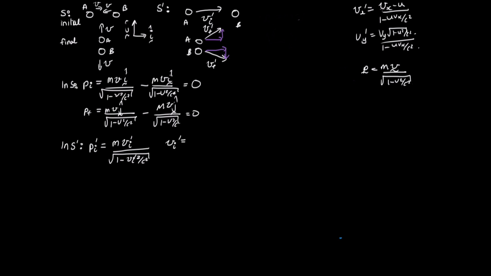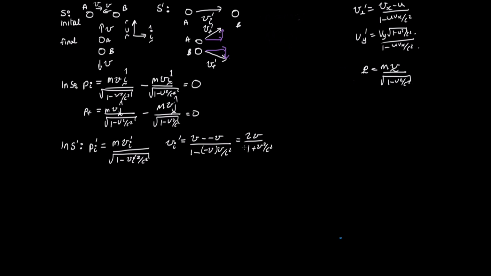So v initial prime is equal to vx, which is the speed of this ball A in the initial frame in the x direction, so that is equal to v, minus u, and u in this case is minus v, it's the speed of ball B, so it's minus v, over 1 minus u, which was minus v, times vx, which we said was v, divided by c squared. So this is equal to 2v over 1 plus v squared on c squared.